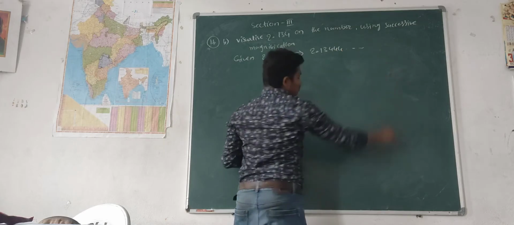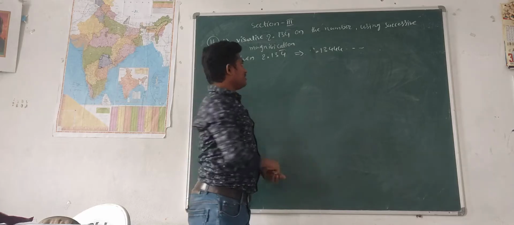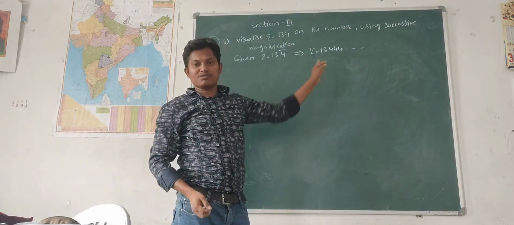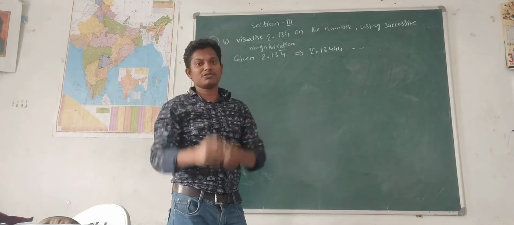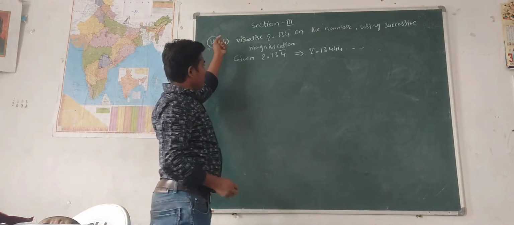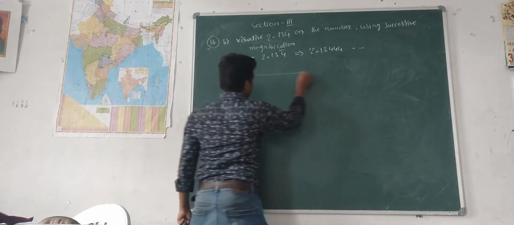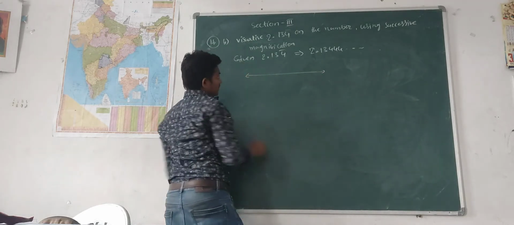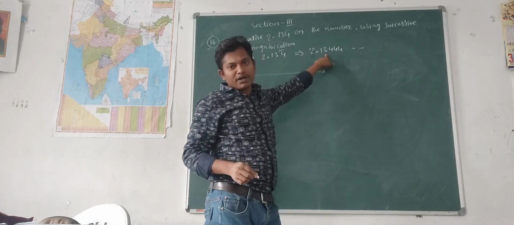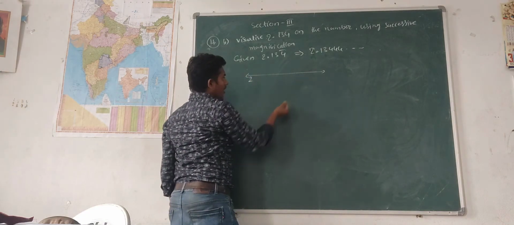134 bar means this value is 2.13444 and so on. On the number line we can easily find 2.1 and 2.13, but 2.134 is a little difficult. That's why we are using successive magnification. First we take the number line. This value lies between 2 and 3, so I am taking 2 and 3 first.